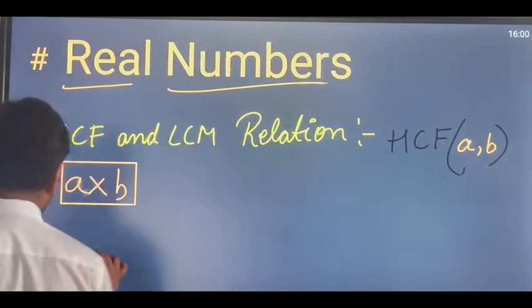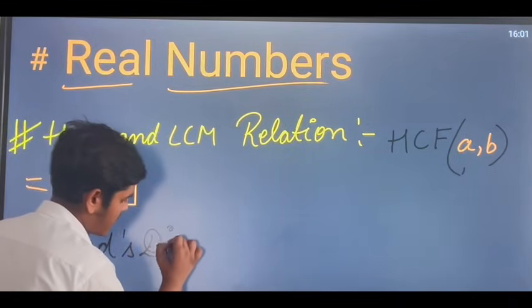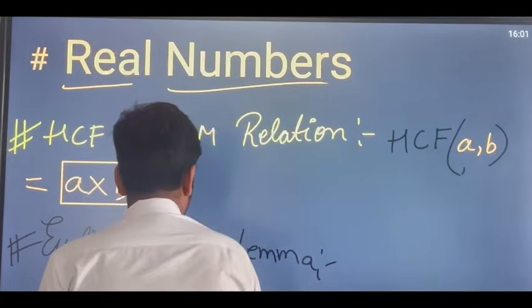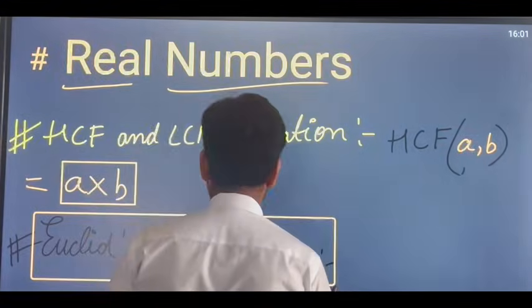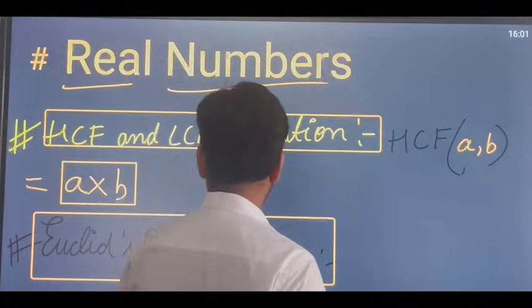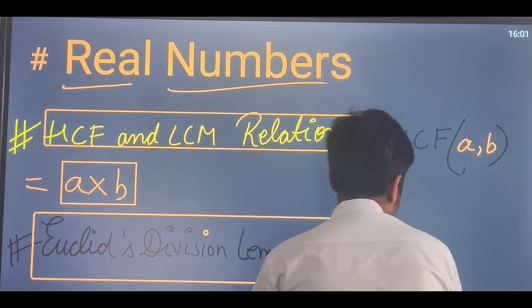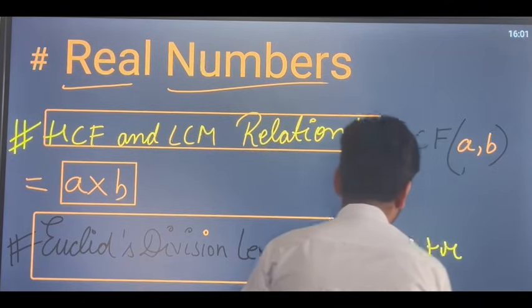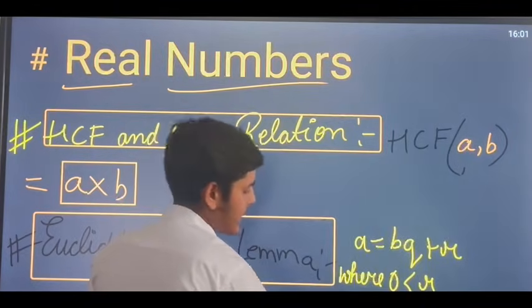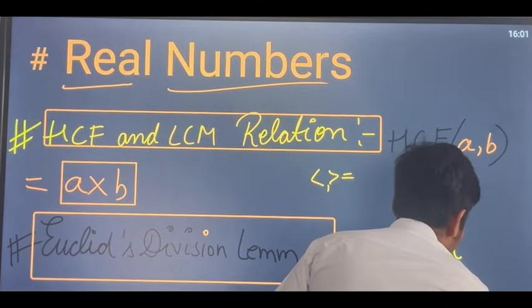Next, Euclid's division lemma. The formula of the division lemma is A is equal to BQ plus R, where 0 is less than or equal to R, and R is less than B also.